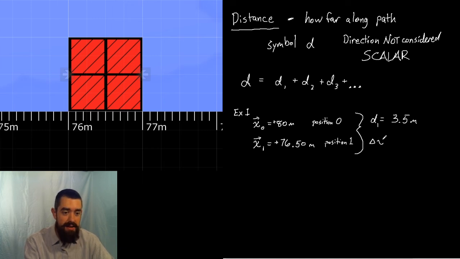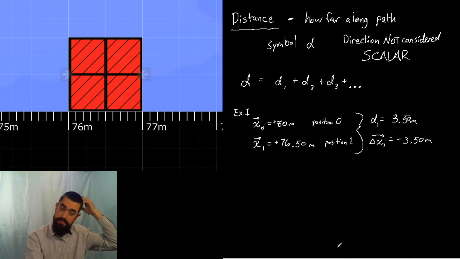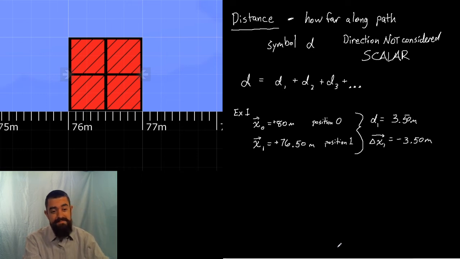But when I write delta x1, that's a vector quantity, the direction is considered, so that would be minus 3.5. I guess I should have zeros at the ends of these. Negative 3.50 meters. So the distance was not negative, the displacement was negative.